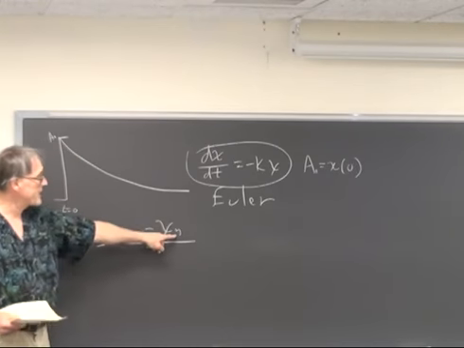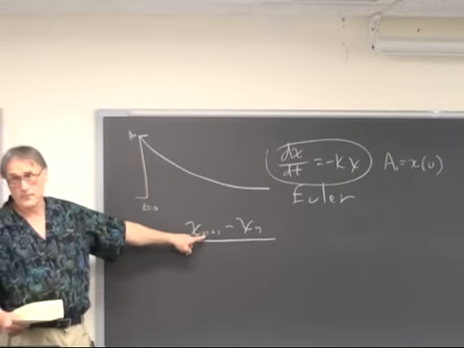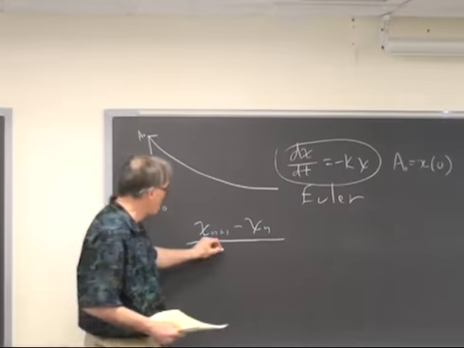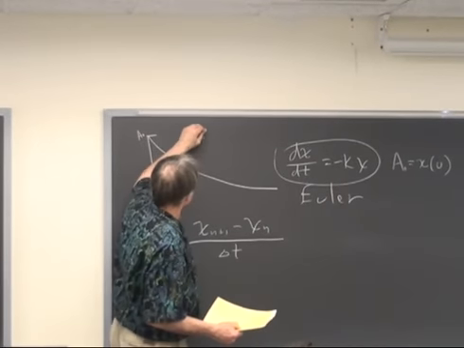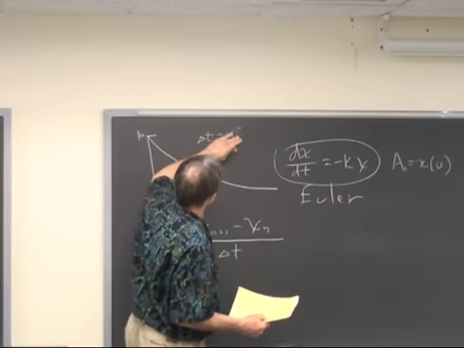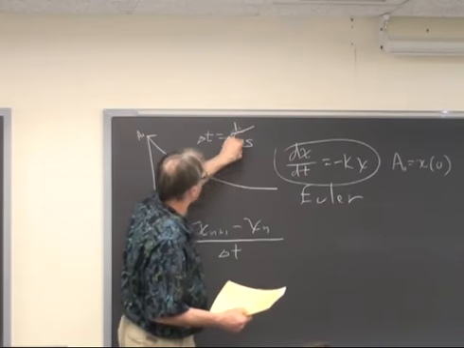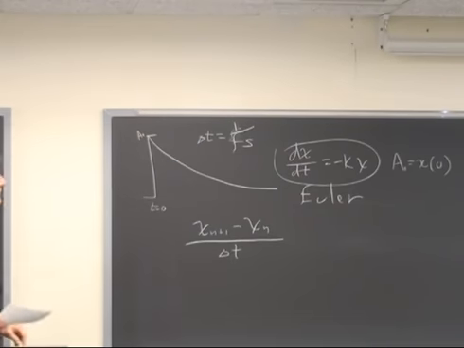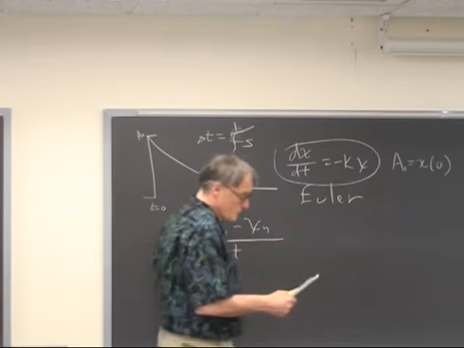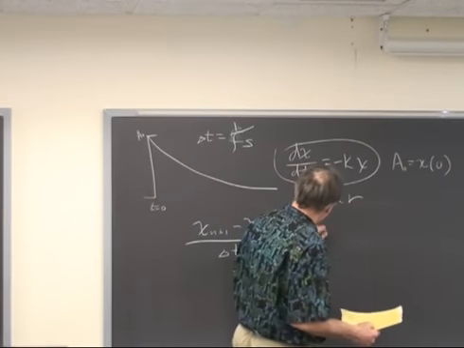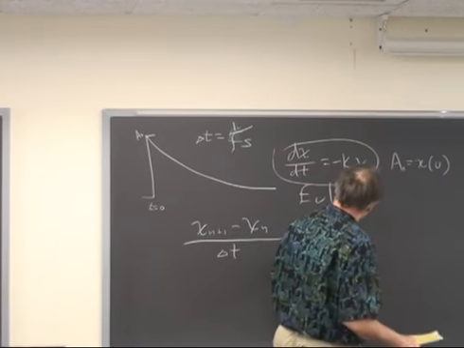So this is the nth sample, this is the (n+1)th sample in time, over delta t, where delta t is equal to 1 over the sample frequency, fs, which is going to be probably about 8 kilohertz to start with, is equal to minus k x_n.